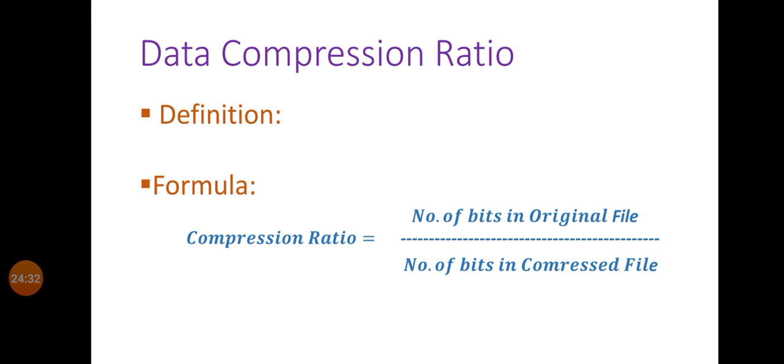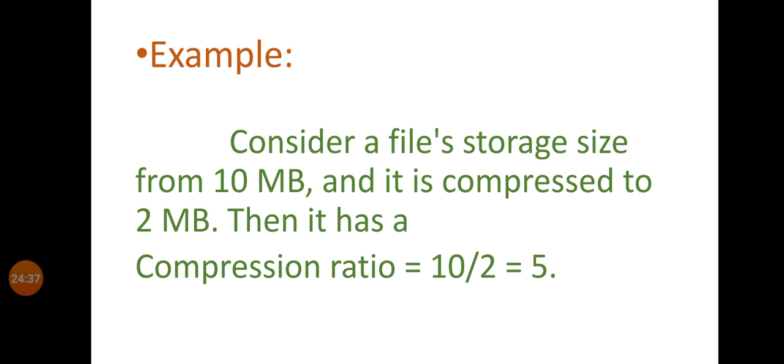So now consider one example to calculate the compression ratio. Consider we have one file and its size is 10 MB, and to reduce its size we have compressed it, and it is compressed to 2 MB.